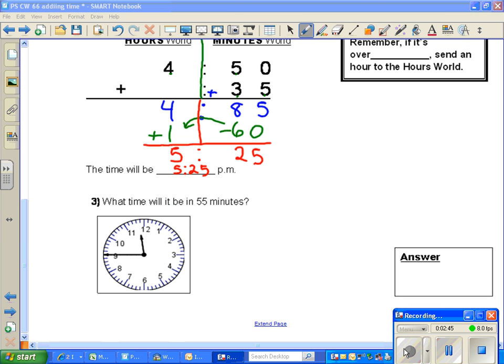So next question, what time will it be in 55 minutes? So first, I have to figure out what time the clock is showing me right now. So I need to find the time on the clock first. First thing I'm going to do is look at the hour hand. Here's my hour hand. It's pointing between the 11 and 12.